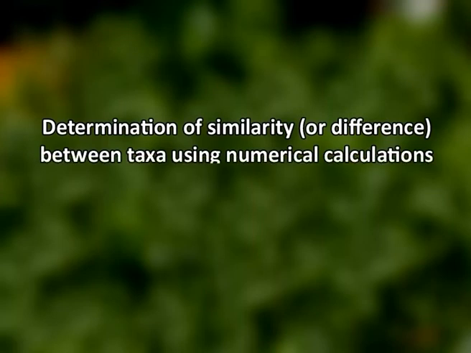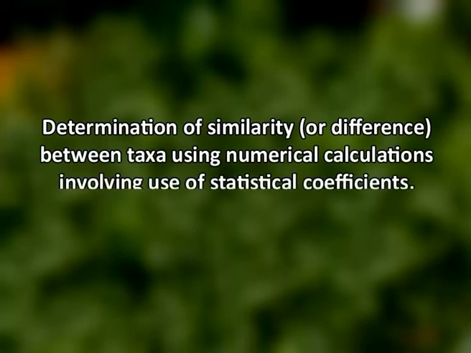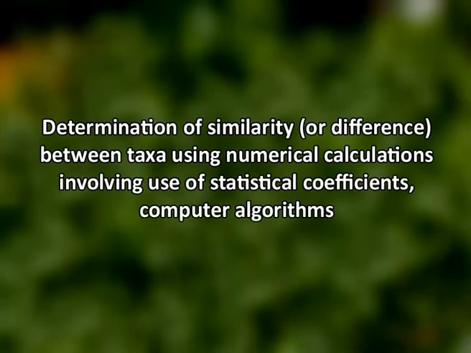The method is far less subjective than the intuitive methods used before its advancement and advocates use of as many characters in taxonomic studies as possible and determination of similarity or difference between the taxa using numerical calculations involving use of various statistical coefficients and computer algorithms.